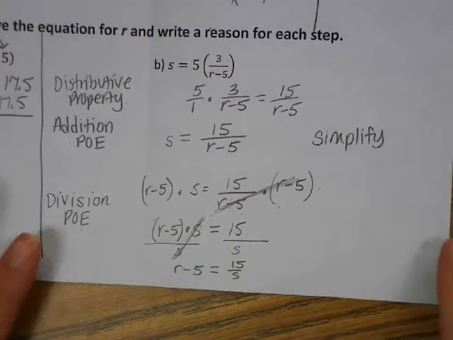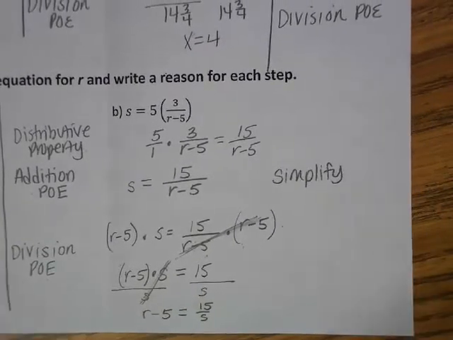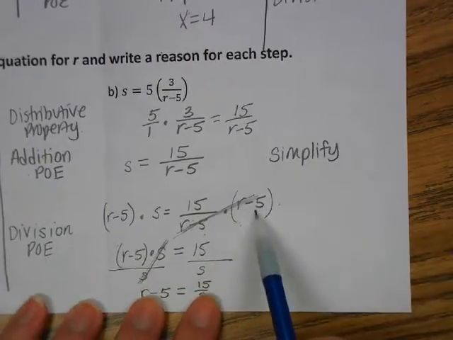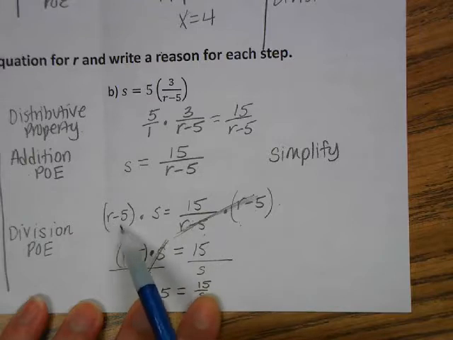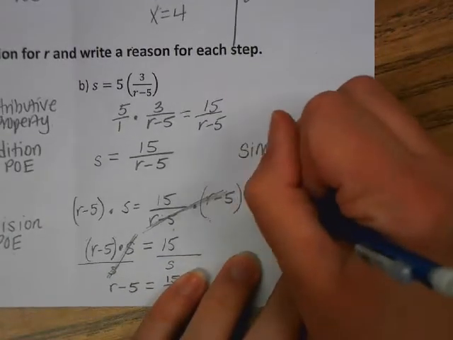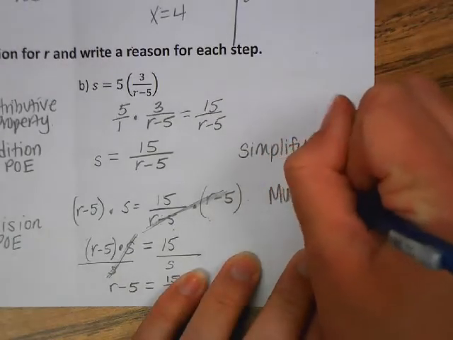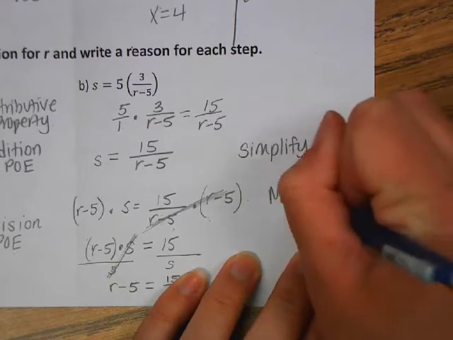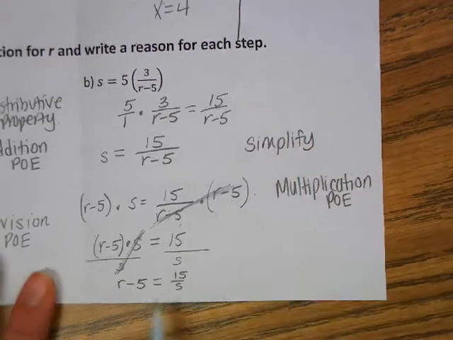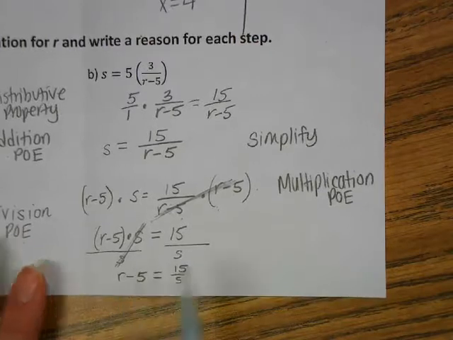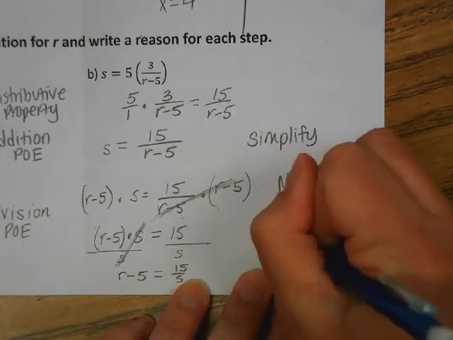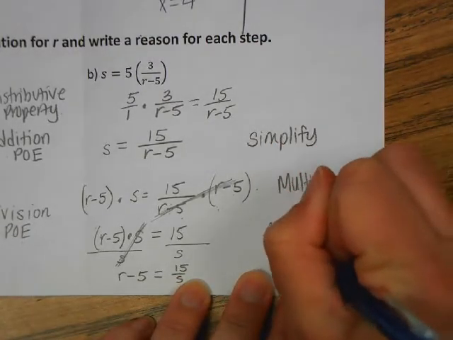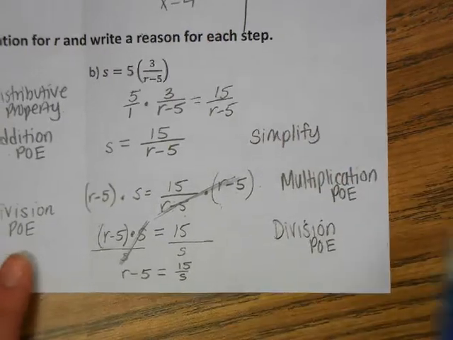So just to summarize, first I multiplied both sides by r minus 5. That's the multiplication property of equality. Then I divided both sides by s. That's the division property of equality.